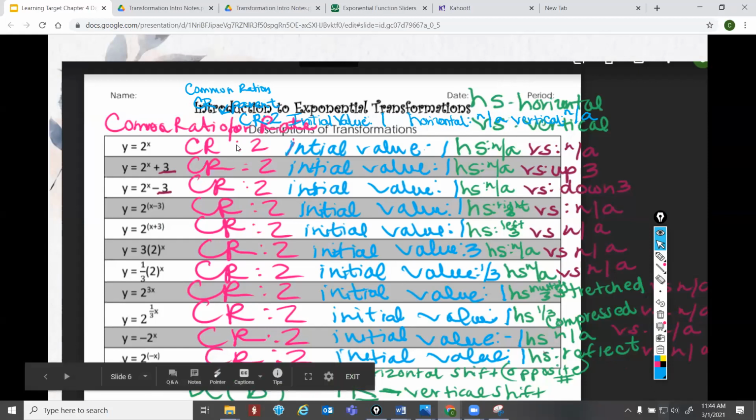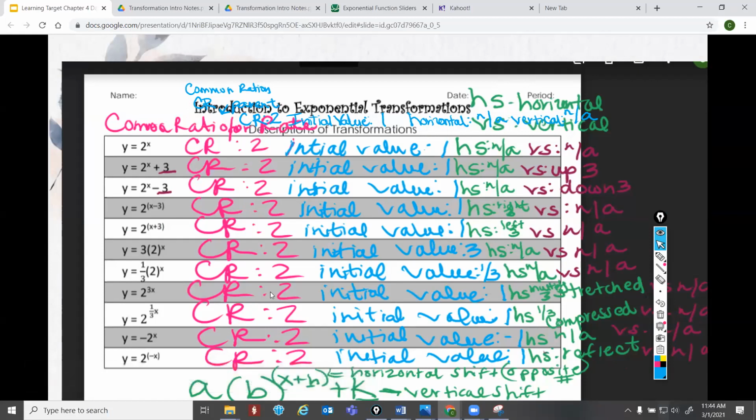What doesn't change, the whole entire part? The common rate. What sometimes changes? You see how the initial value changes?